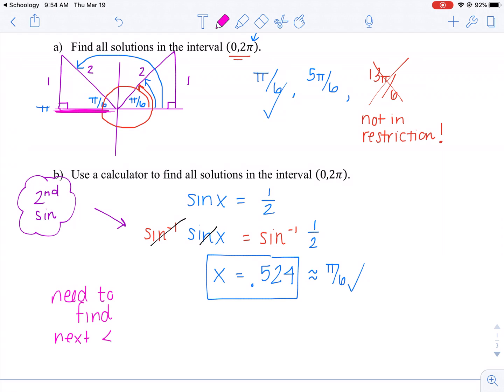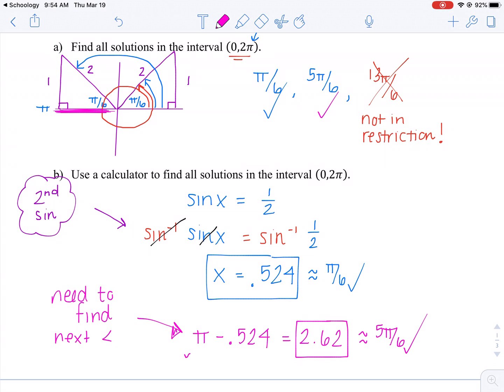I need to take away pi over 6 to get to that angle. So if I take away that angle I just found from pi, I get about 2.62. Well, quick check, let me plug in. That is 5 pi over 6. Check and check.